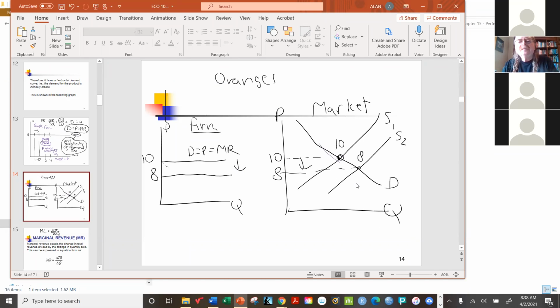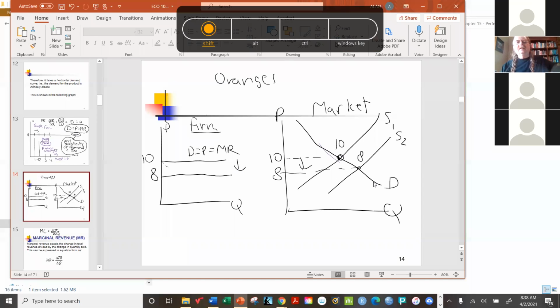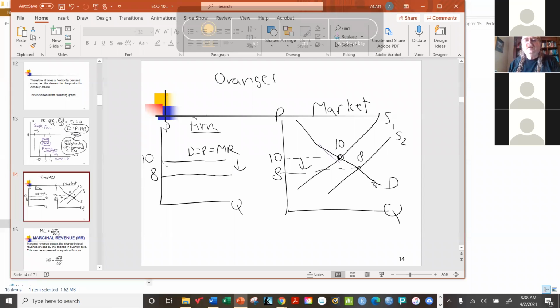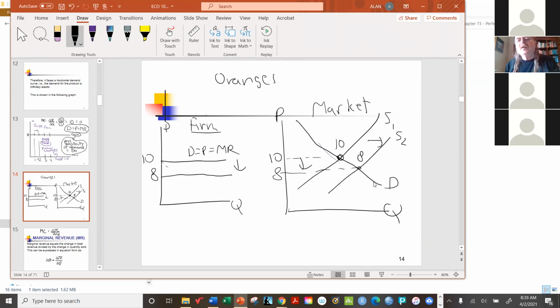So you can see here that the original equilibrium price was $10. Okay, $10 was the intersection of the original supply and demand curves, and that's why all the firms were individually charging $10. But then if the supply curve increases because more firms jump into the business, then the new equilibrium price drops to $8. And now everybody in the market has to lower their price to $8. Again, if they don't, they'll lose all their revenues.